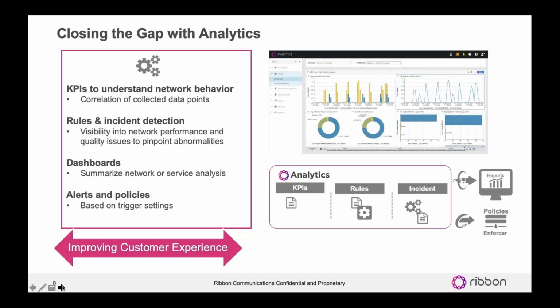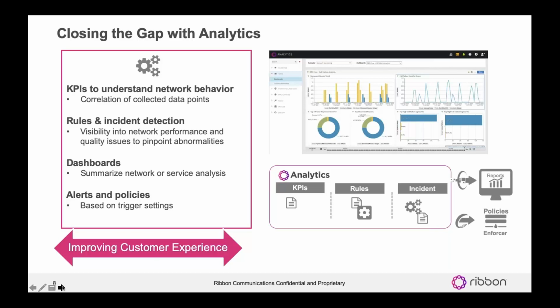That helps certainly in all of the troubleshooting. And obviously, with all of that, as you have incidents that come out, you want to be able to alert. And if you're very proactive, you would even set certain types of automated policies that could be triggered based on any type of incidents that are found within the network and push those back down into the underlying network.